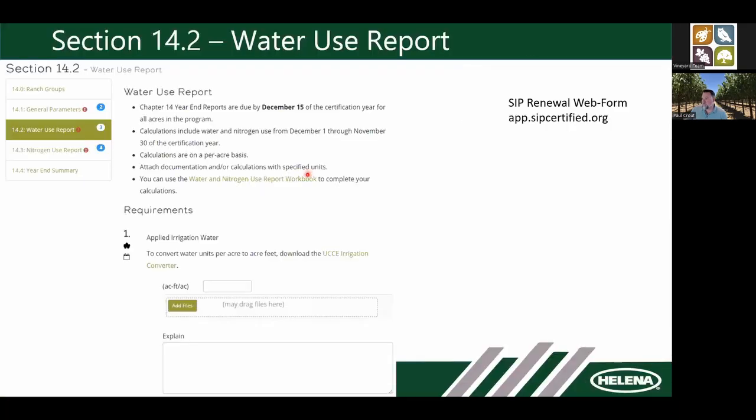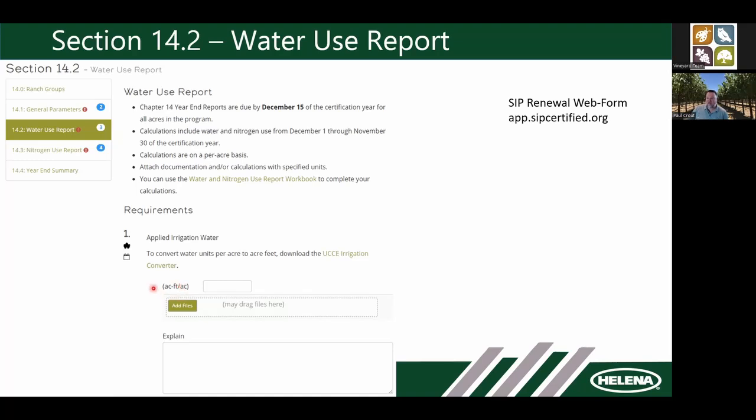So we'll go back to the water use report. As you can see, we're going to need to enter our applied irrigation water. This is the total amount of irrigation water that we have applied over the course of the season. A couple of important things to remember, across the board when we're entering data into this form, is to look at the units.